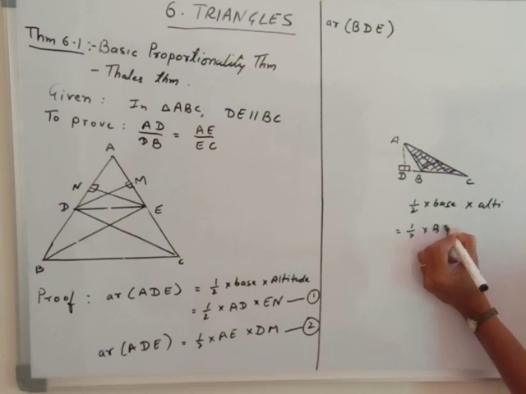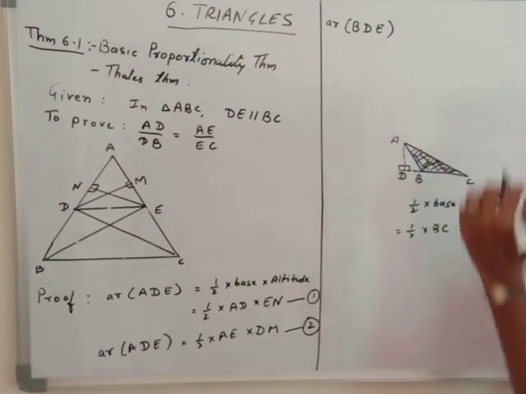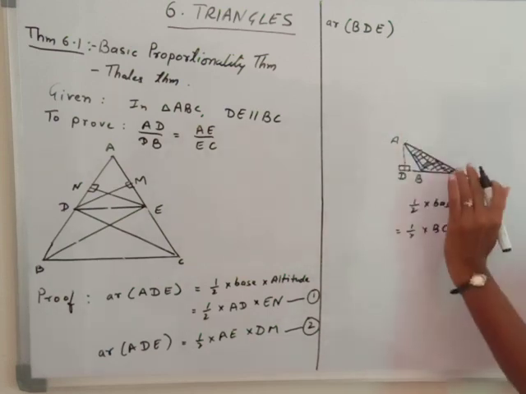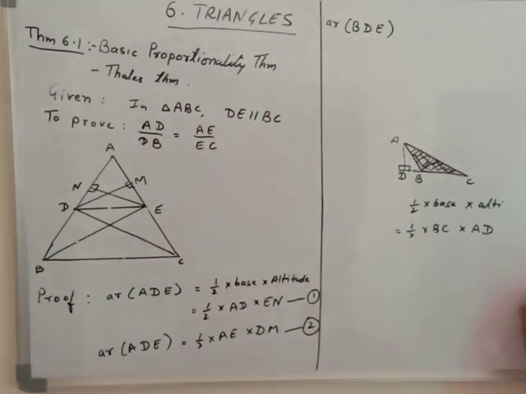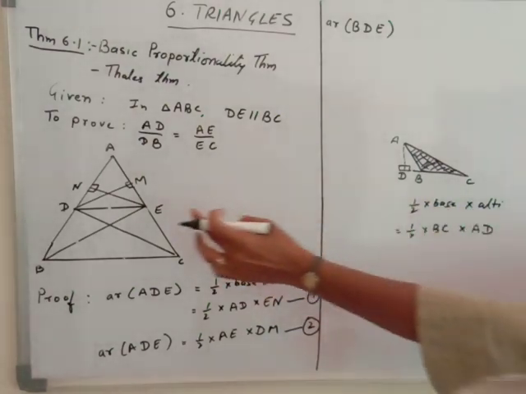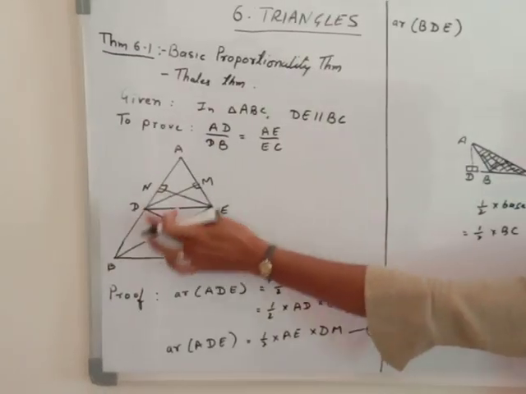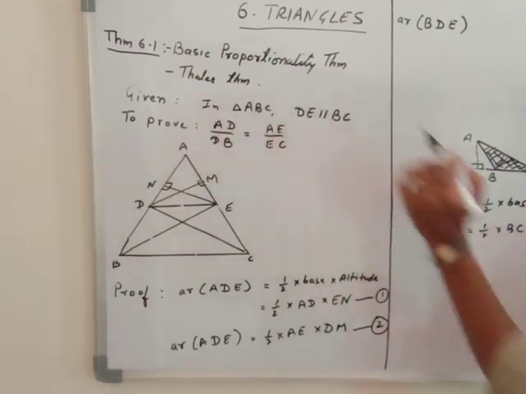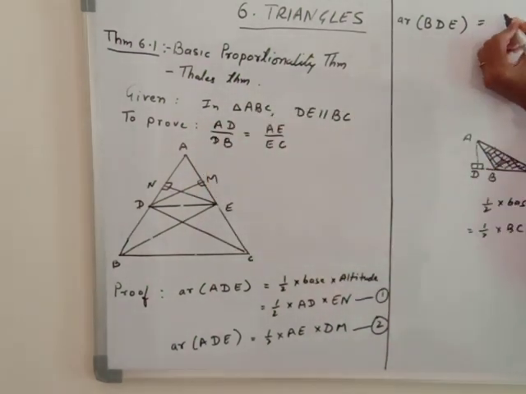So my answer is BC into, what is the altitude? AD. But the altitude is outside the triangle. So same thing is here in this figure. In BDE, the altitude is outside.